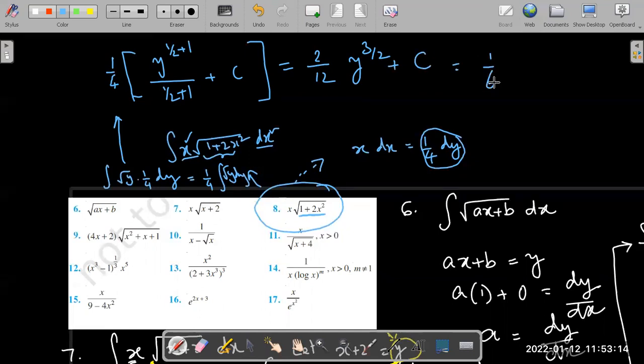How did you get 2 by 12? Whatever is this 3 by 2 in the denominator goes 2 by 3, so 2 by 12, 1 by 6, y to the power of 3 by 2 plus c.